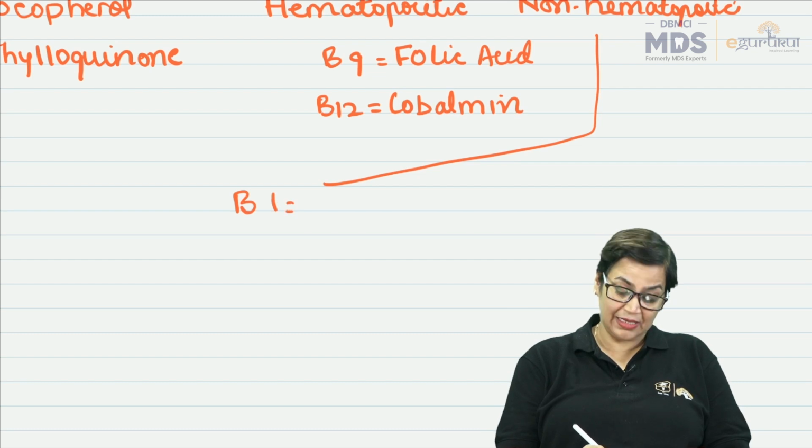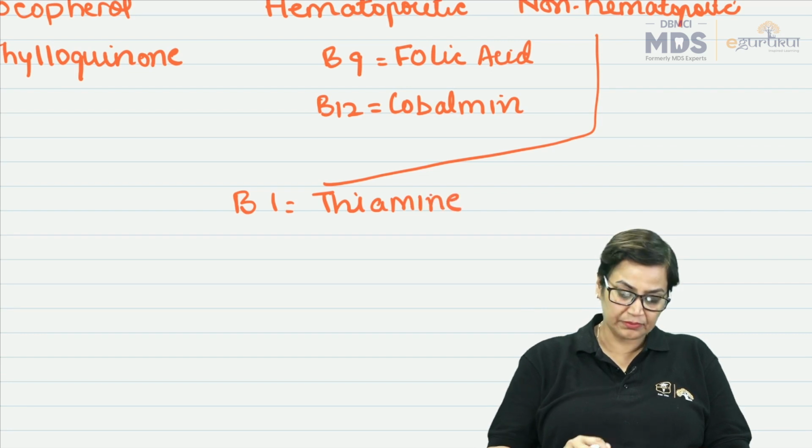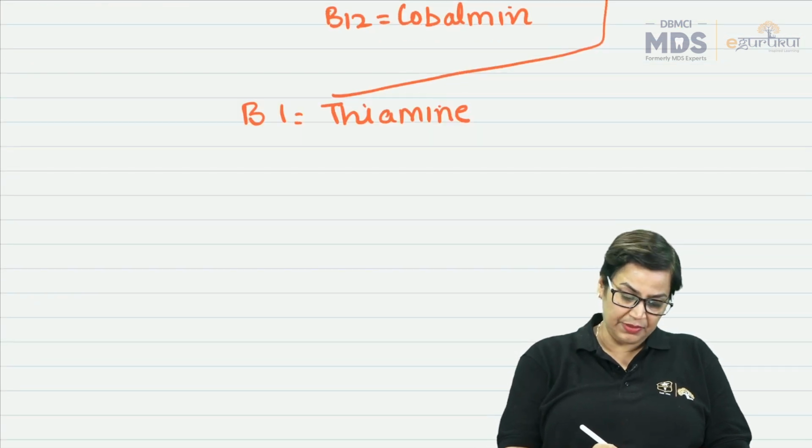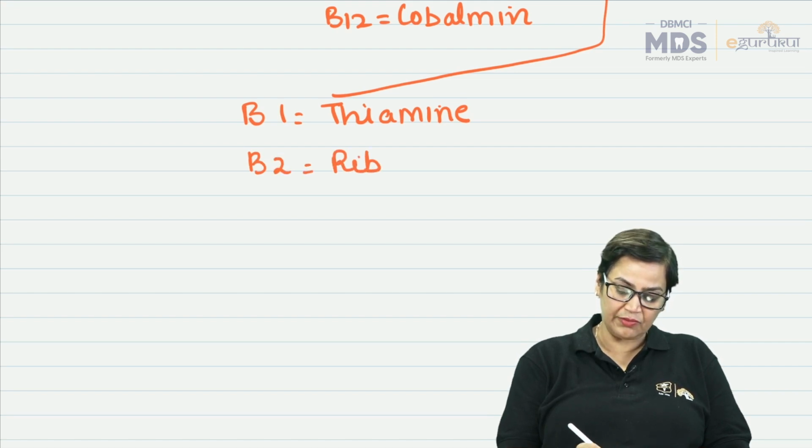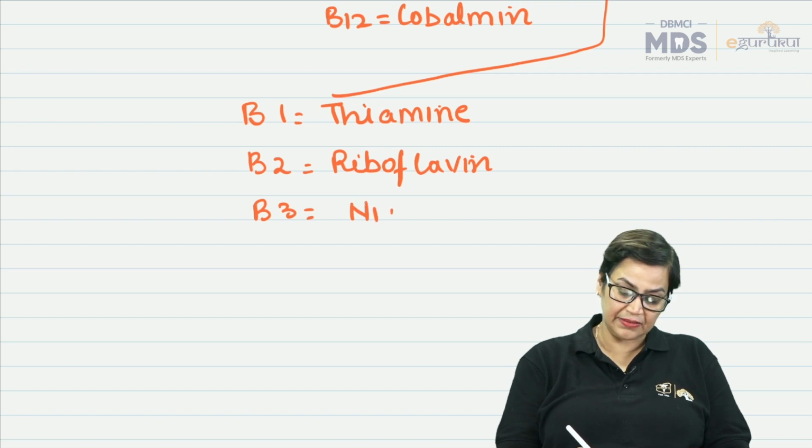B1, whose active form is TPP, and it is also known as thiamine. Then comes B2, which is also known as riboflavin. B3, which is known as niacin.